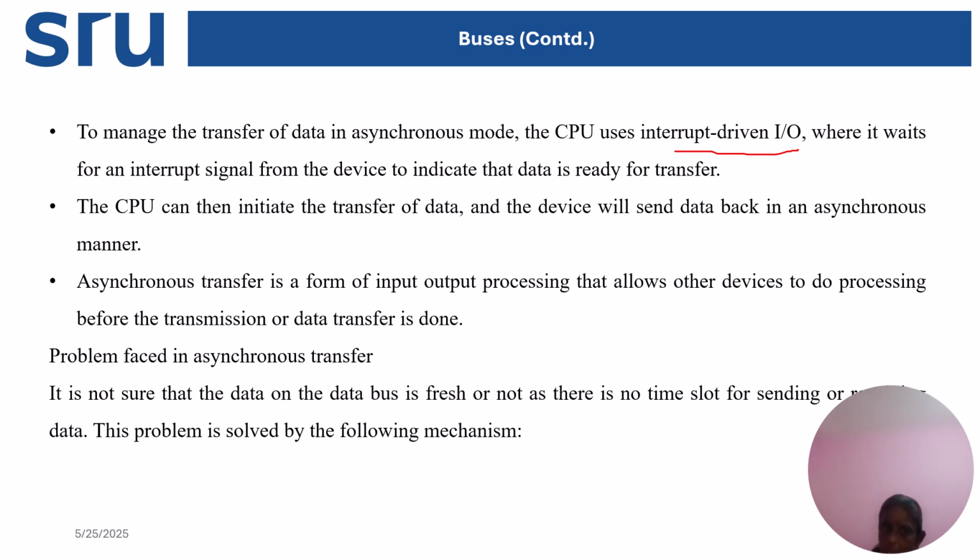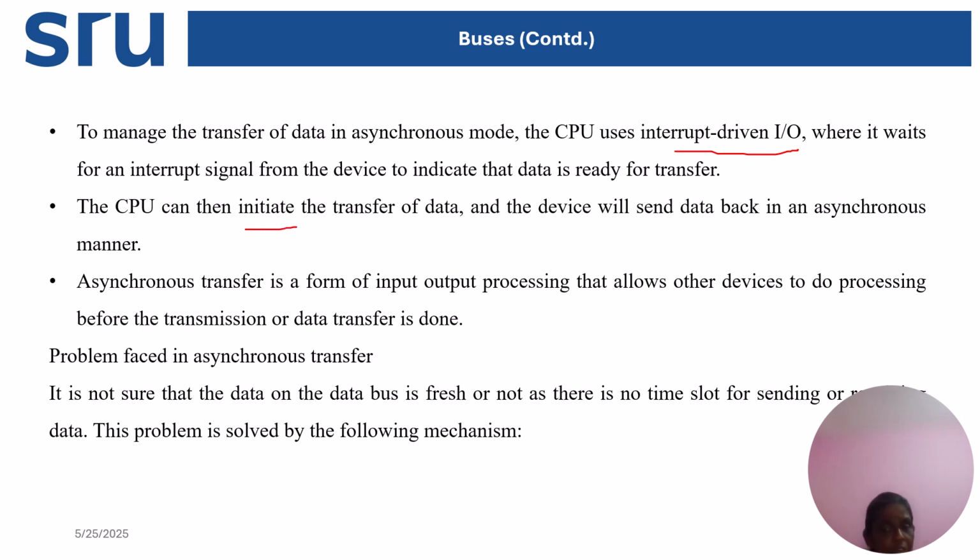Any I/O device which needs to transfer data has to send an interrupt signal, which mentions that the device is ready for data transfer, and the CPU can then initiate.